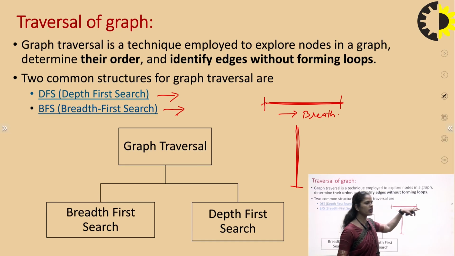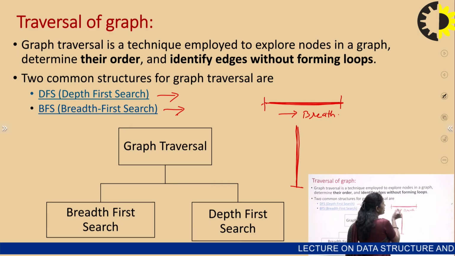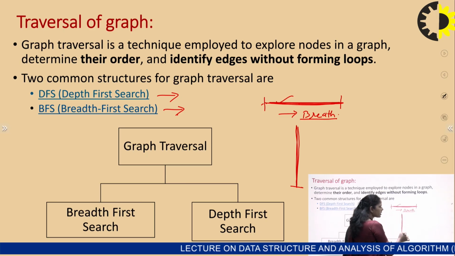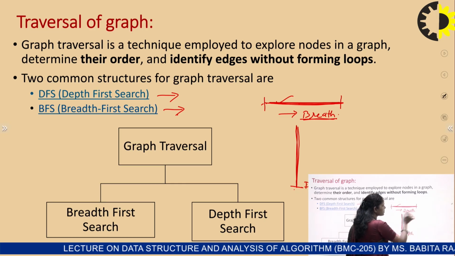If I am working horizontally, that means I am working with breadth. If I am working vertically, that means we are working with depth. So here we have two scenarios, either horizontal or vertical. Horizontal is known as breadth, and vertical is known as depth, right? So this is the basic depth concept, and this is the breadth.